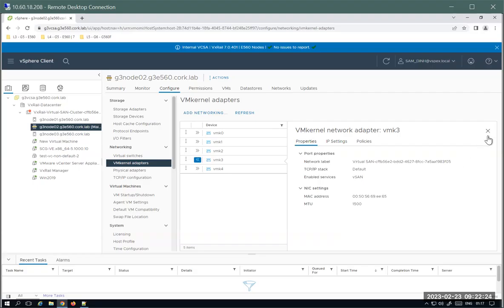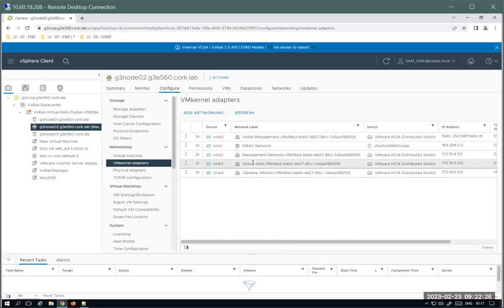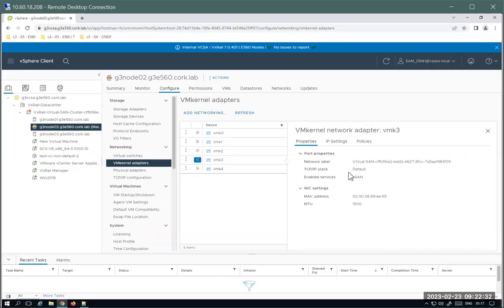Okay, so now all four VMKs here have something in common. Some have vSAN, some have management, but they have the same TCP/IP stack, the same default stack here.